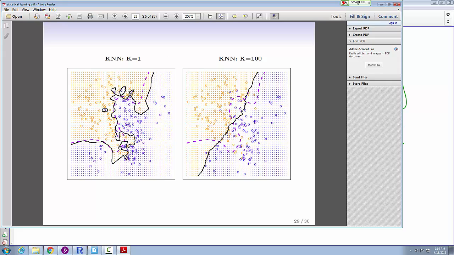So choosing k is not trivial. We're out of time, but we're going to see for an algorithm like k-nearest neighbors, where we have to pick something that there's no perfect answer for, k. Should it be k equal to 1 or k equal to 100? We're going to use some techniques for tuning the model to pick k.